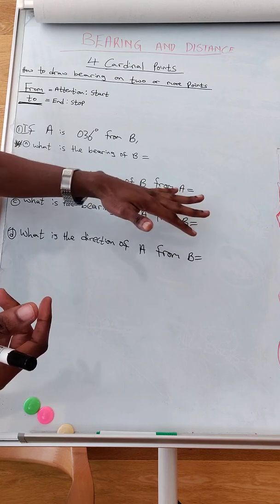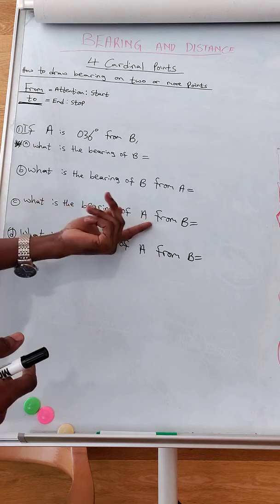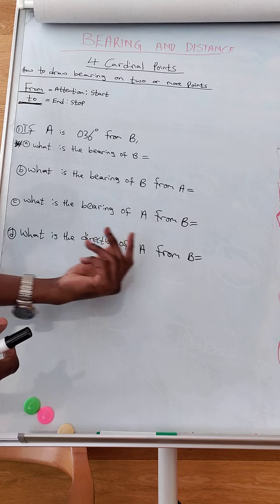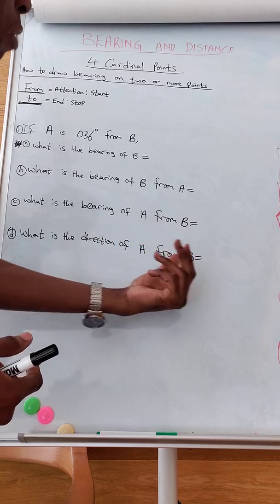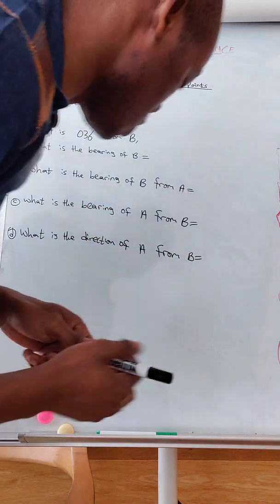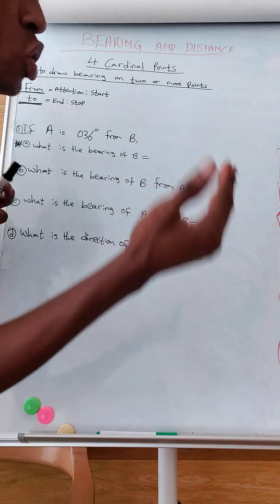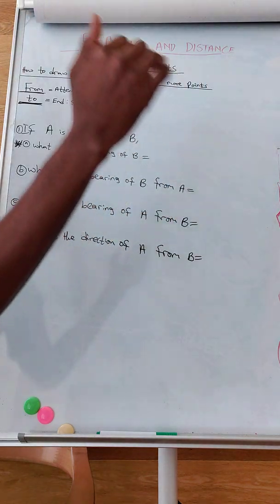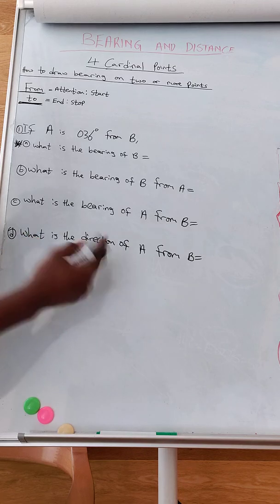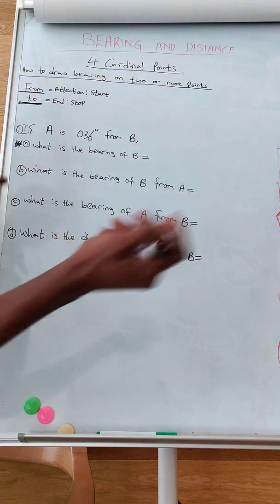In bearing and distance, they like this word "from". What is the bearing of A from B? These are two different questions. And what is the direction of A from B? You know the meaning of direction, that arrow: the point at which the arrow is going. Is it going to the west? Is it going to the north? Is it between north and west? Is it between east and south? That is what they are asking, the direction of those arrows. Bearing, on the other hand, is just degrees.